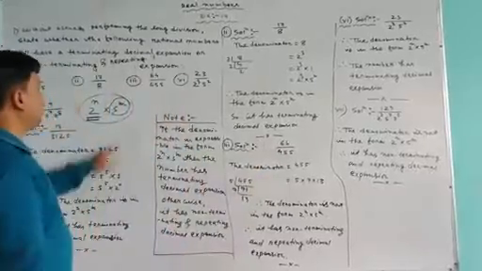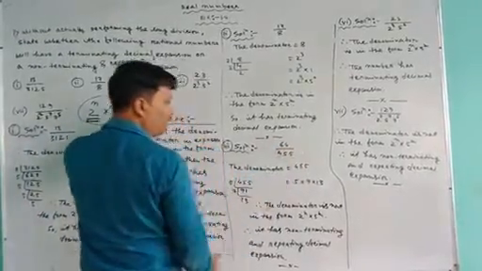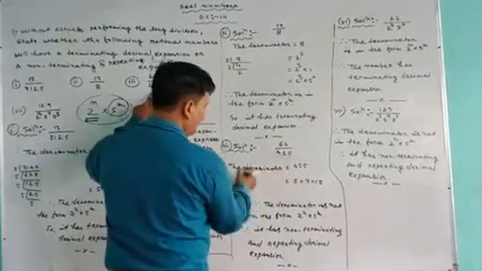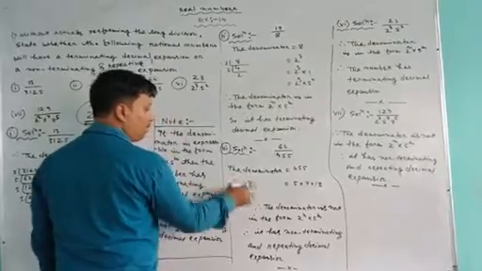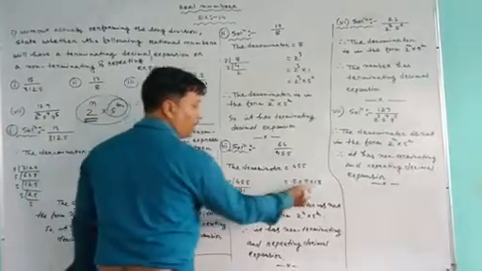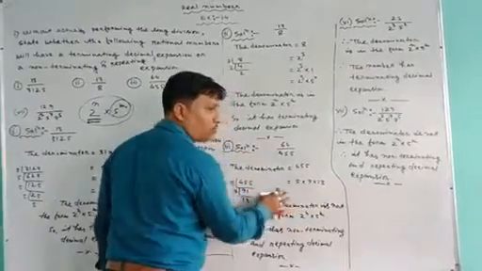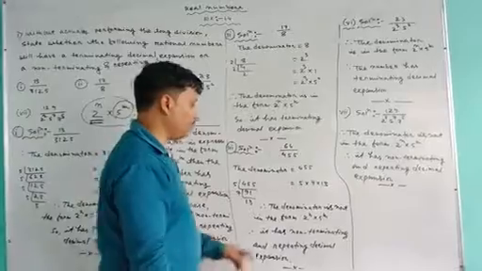Same method wise, next problem, question number 3. Same to same, you write 64 by 455. The denominator is equal to 455, and you do the prime factorization. Then you get factors 5 into 7 into 13. Write down here. Now this one you observe. This is not in the form of 2 to the power n into 5 to the power m.